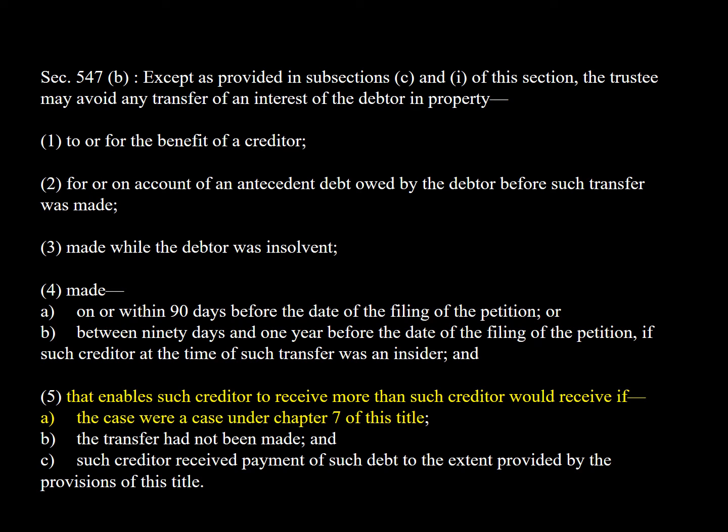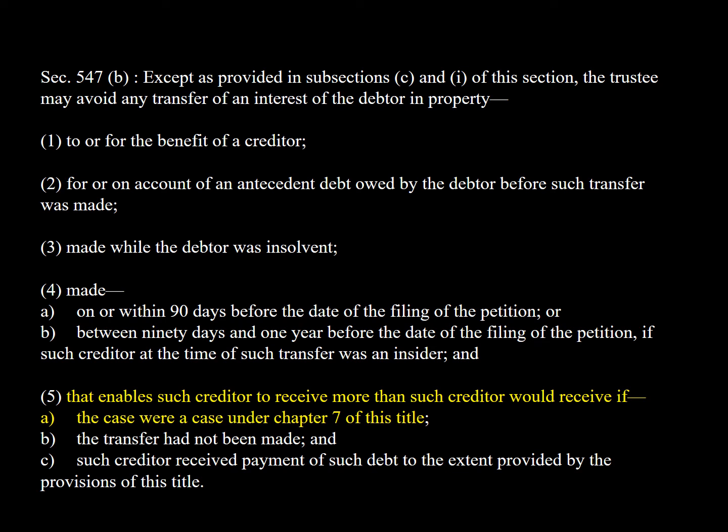Would the creditor have gotten more in its alleged preferential transfer prior to the bankruptcy than it would have been paid during a bankruptcy case? The point of that is that if the creditor or the bank had a lien, it would have been paid in full anyway in the Chapter 7 case. So unsecured creditors are not being prejudiced.